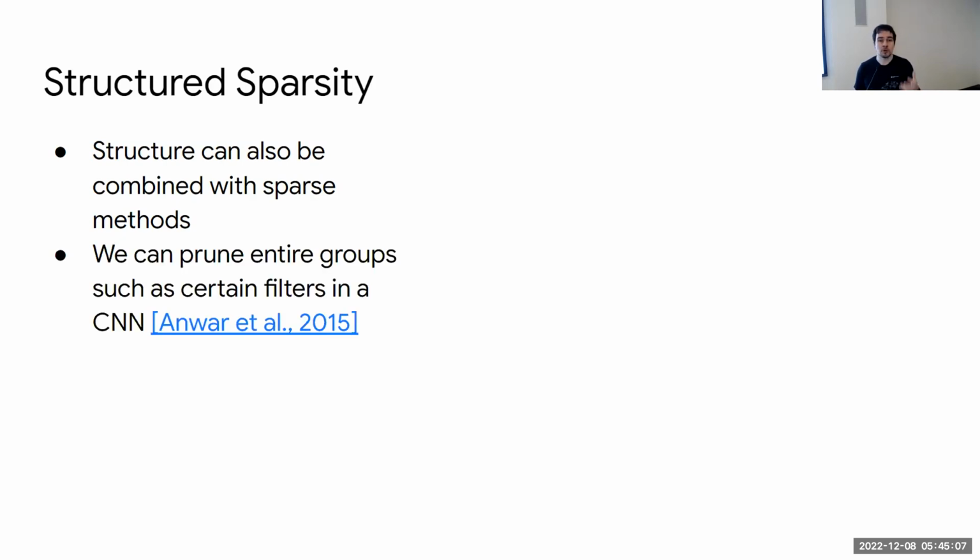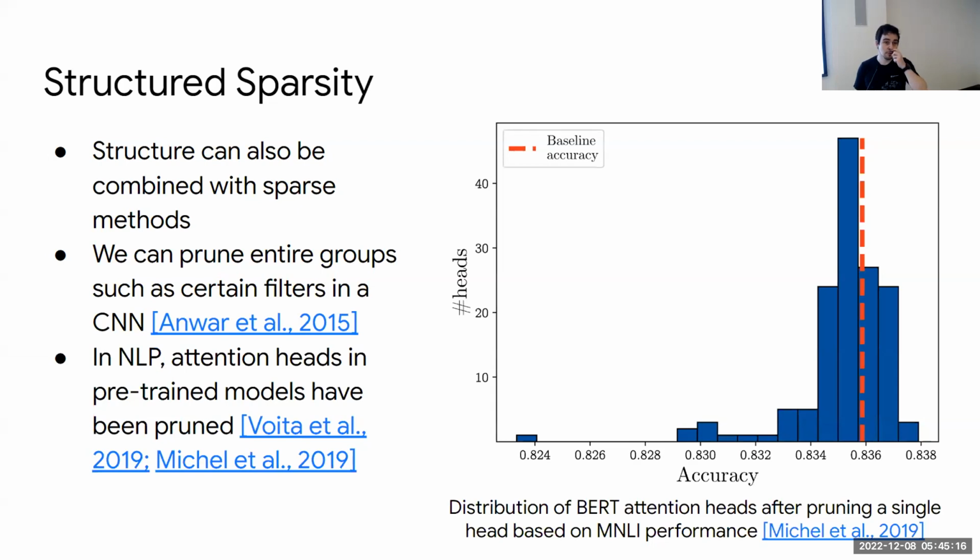For instance, in computer vision, people have pruned entire groups, such as certain filters in CNN models. And there have also been quite a few recent studies that looked at pruning certain parts of your model. For instance, in BERT, it's been quite popular to prune certain attention heads, where people have looked at the distribution of attention heads in your BERT model and the performance on MultiNLI if you prune each of the attention heads.